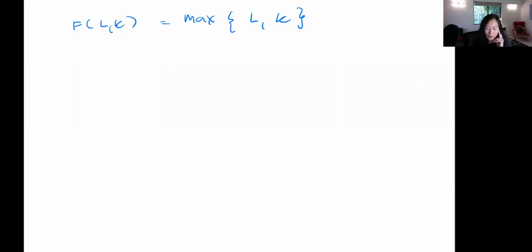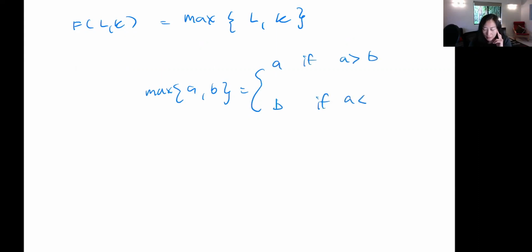You can say that max(A, B) is equal to A if A is greater than B, and it's equal to B if A is smaller than or equal to B. So we need the max function.